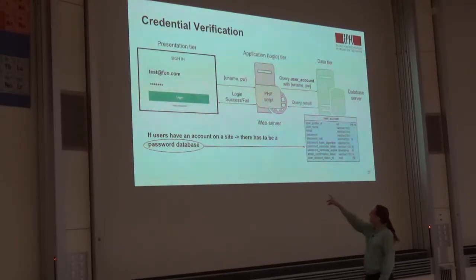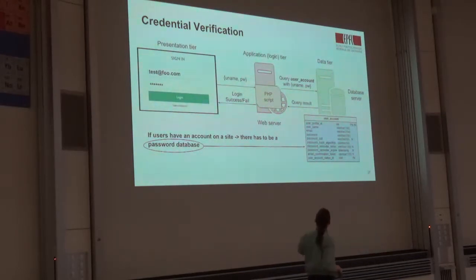Again, this three-level model typically works, where the user enters something into the login form in the web browser, that gets sent to the application logic tier, which in turn puts that into a query into the password database, which looks up the username and the password, checks whether the passwords match, and says yes, that's you, or no, that's not you, right?